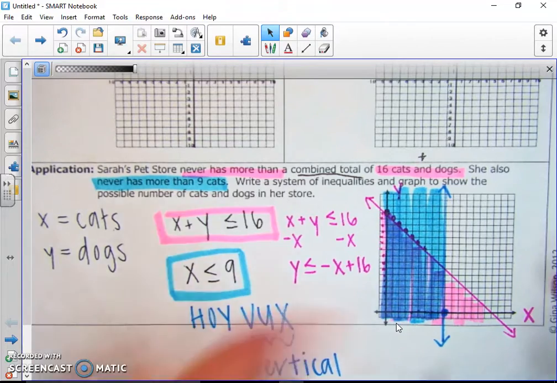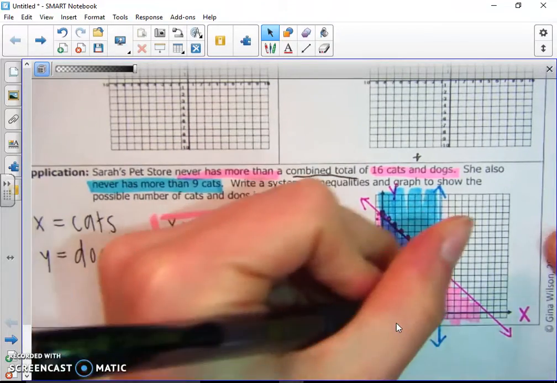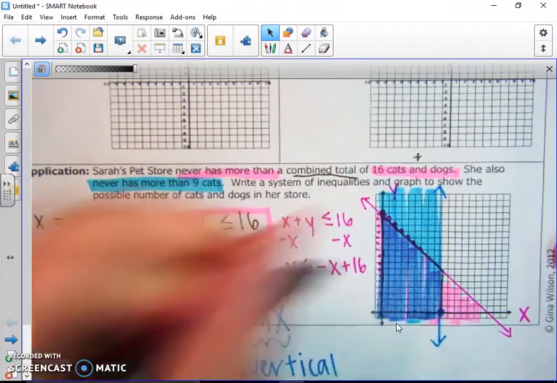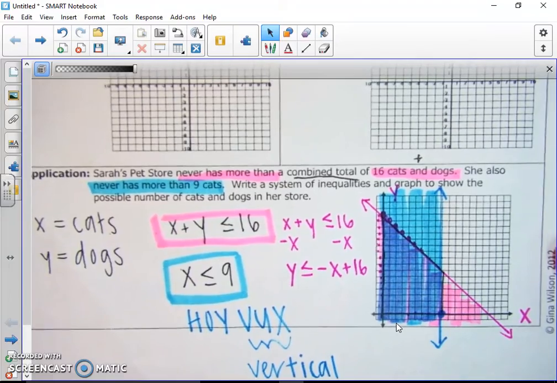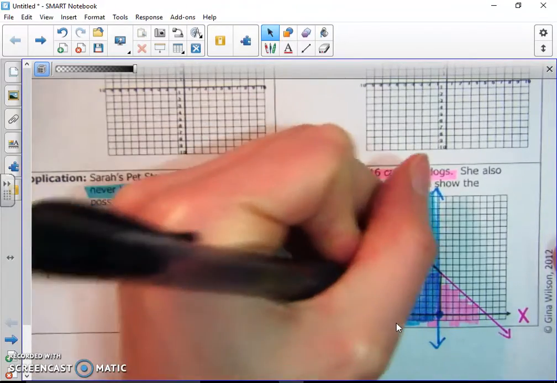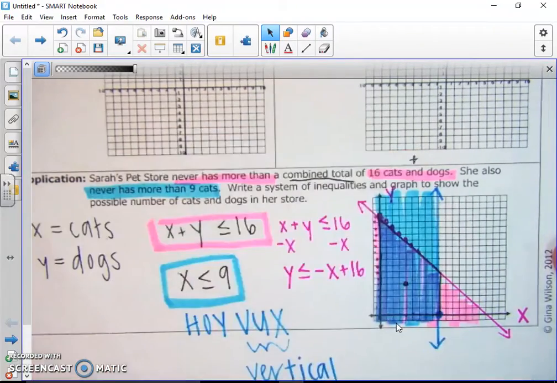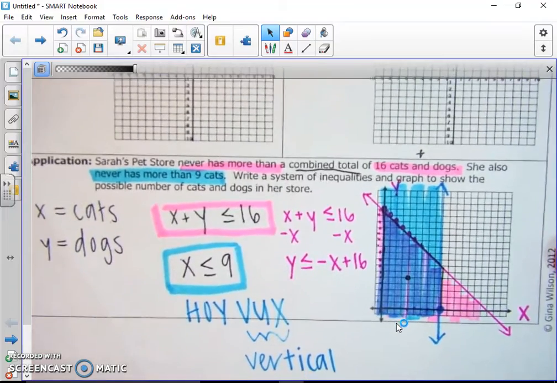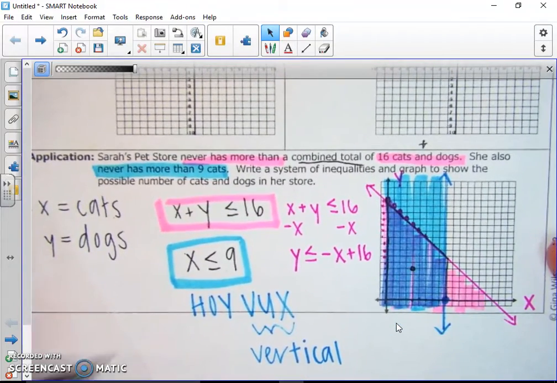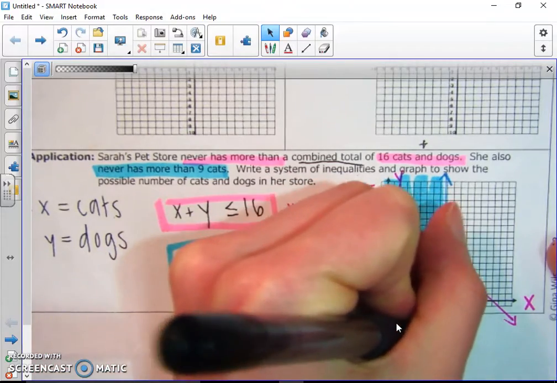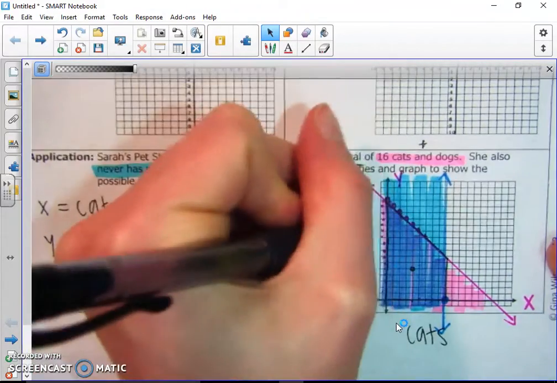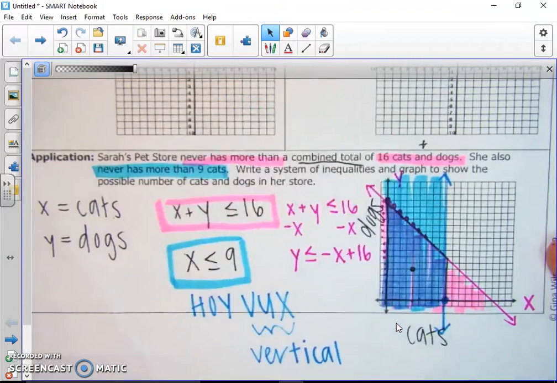So this overlapping section right here are all the possible solutions of the number of cats and dogs that they can have. So for example, if there's a point on here, let's say this point, what does that mean in the application? Well, x represents cats, so this axis is cats, and y is dogs, so the vertical axis is dogs.